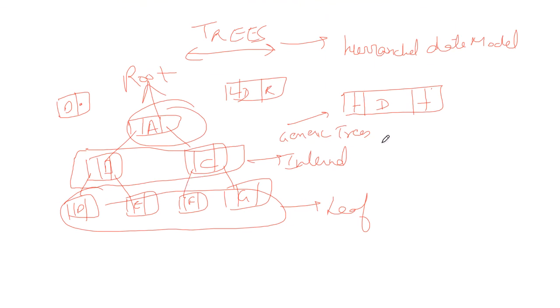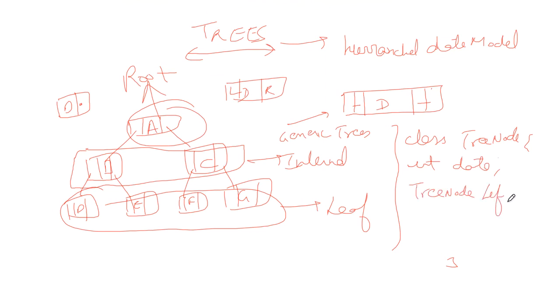After that, we discussed the structure. We created a class as well, class TreeNode, with int data, and TreeNode left and TreeNode right. Similarly, a structure in C as well.